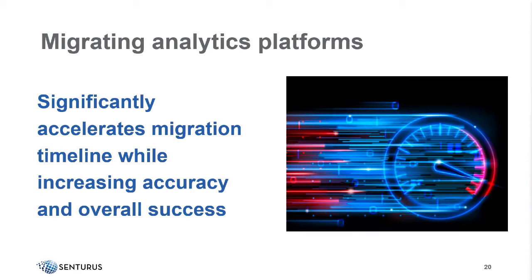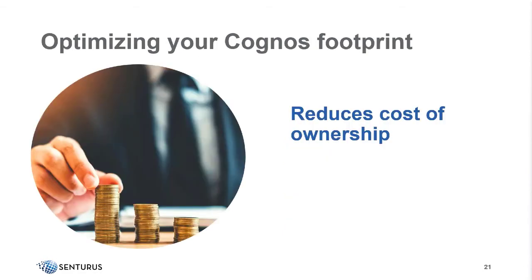Yes, thank you, Todd. And then the third use case here is optimizing your Cognos footprint. So I guess the polls were a little bit of foreshadowing there in terms of what we were going to talk about. But if you're just looking to put your Cognos environment on a diet and optimize that cost of ownership, the migration assistant helps you to identify rarely used and unused reports, and the reports that are used the most by the most users.